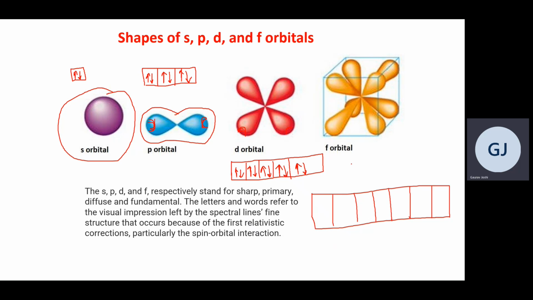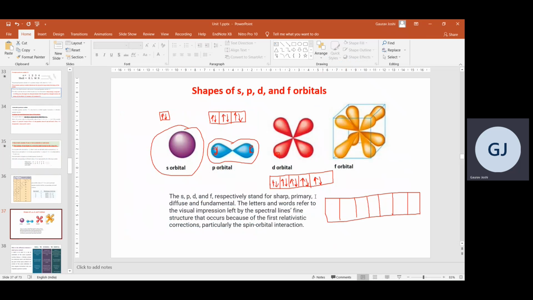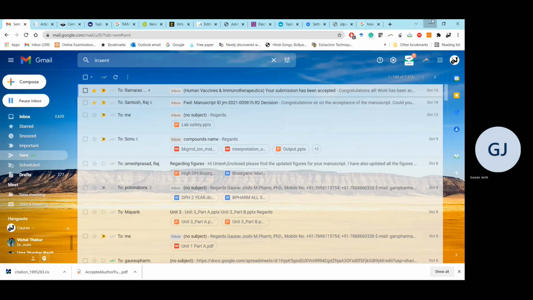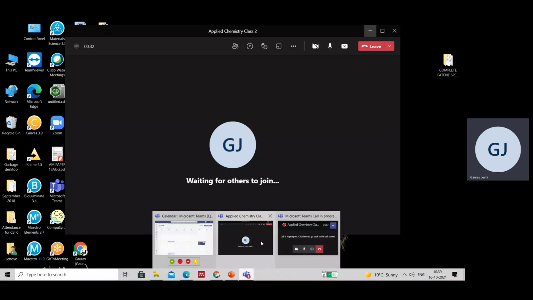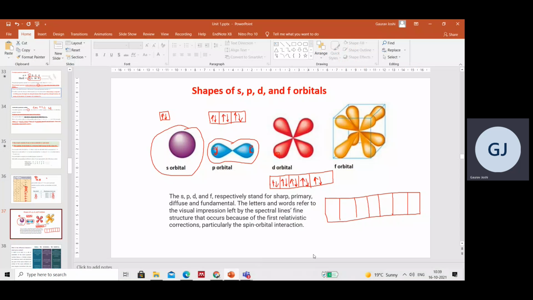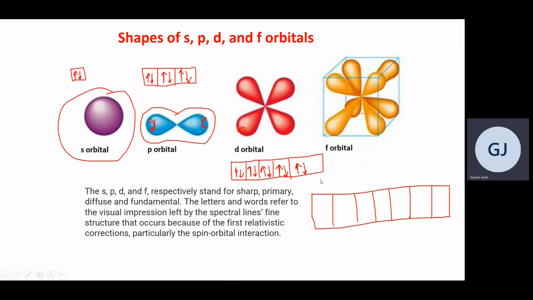This is the way the electrons are filled. Simple thing. The same will apply to the f orbital also. So this is how the electrons are filled.